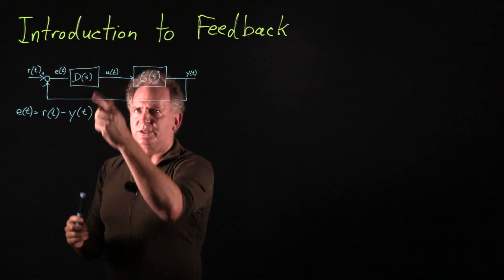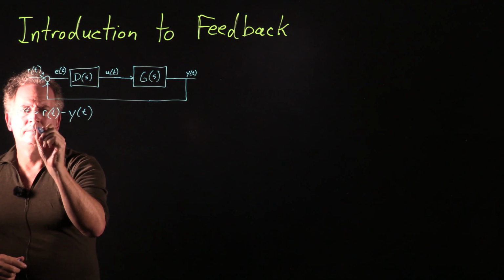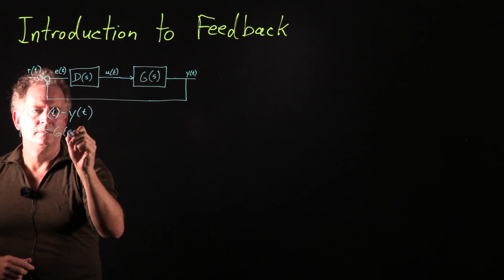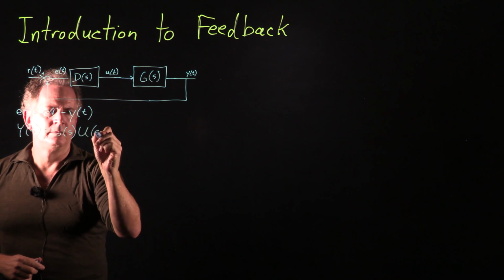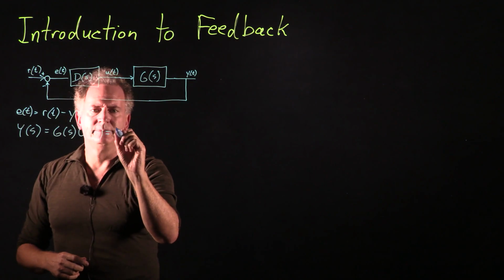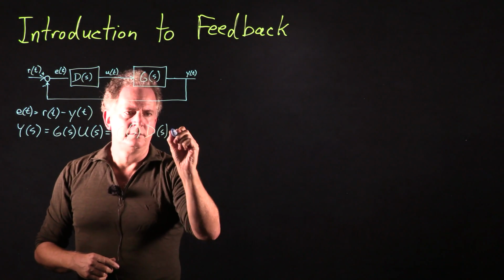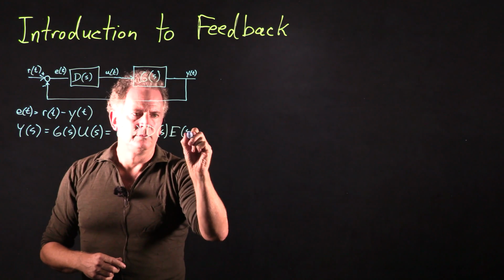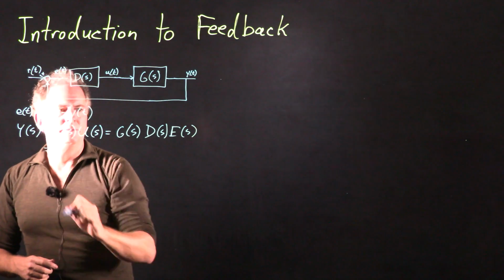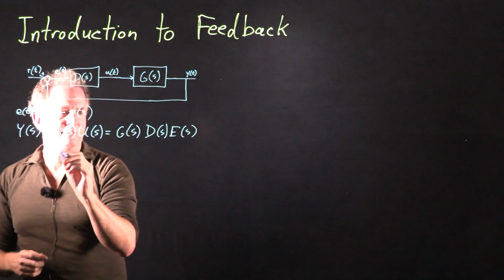So Y(s), of course, is simply G(s) times U(s), where U(s) is D(s) times E(s). And E(s), in turn, is simply R(s) minus Y(s).